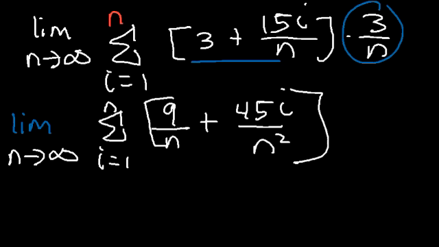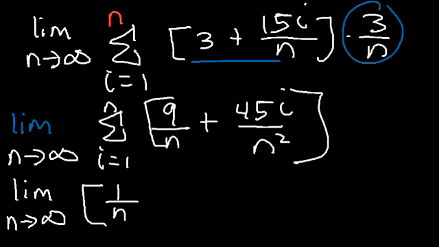Now what we want to do is separate this into two separate parts. So this is going to be the limit as n approaches infinity, and then I'm going to separate the n from the 9.